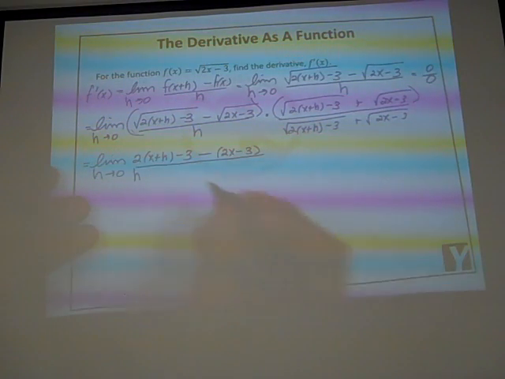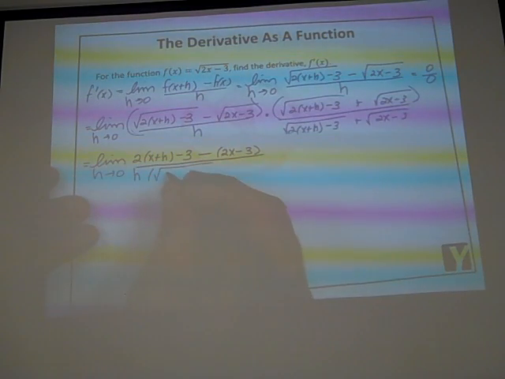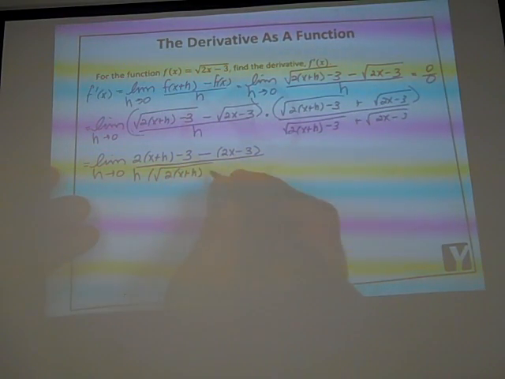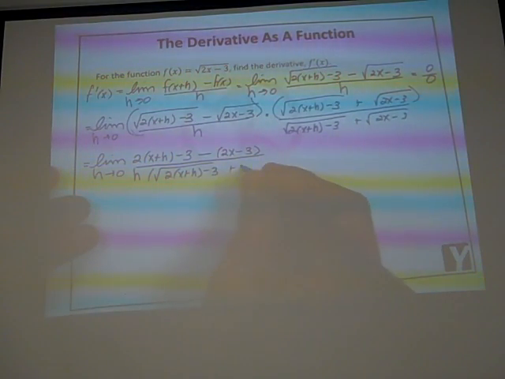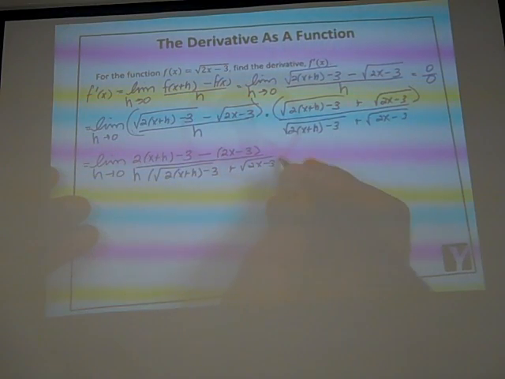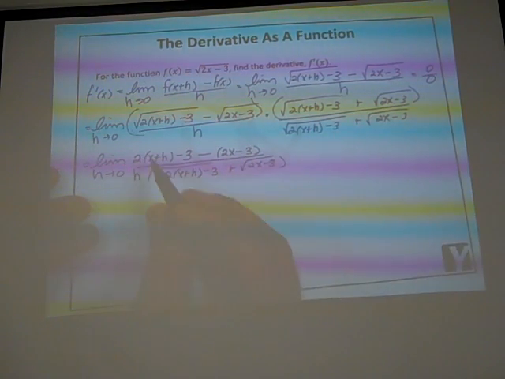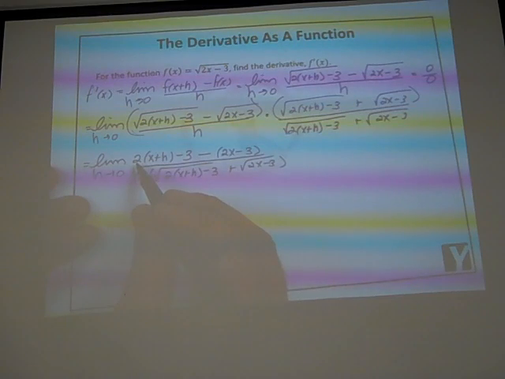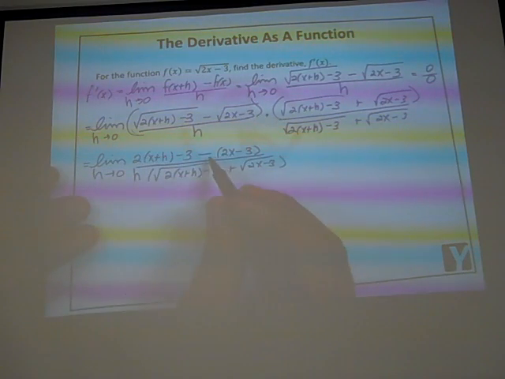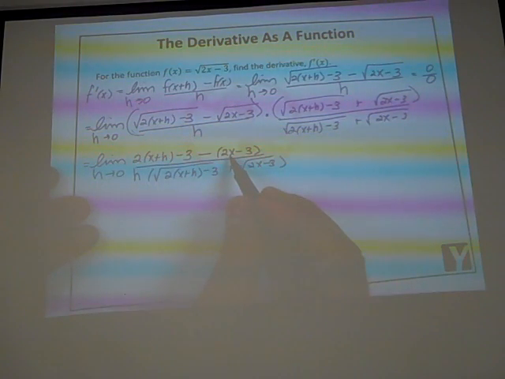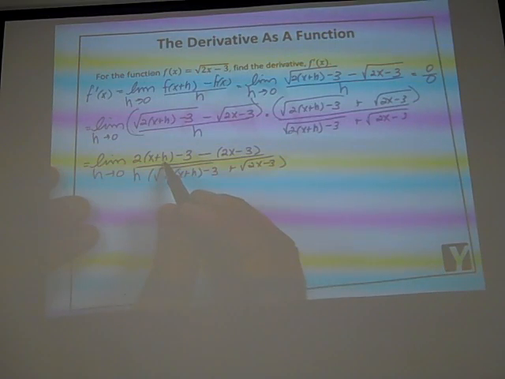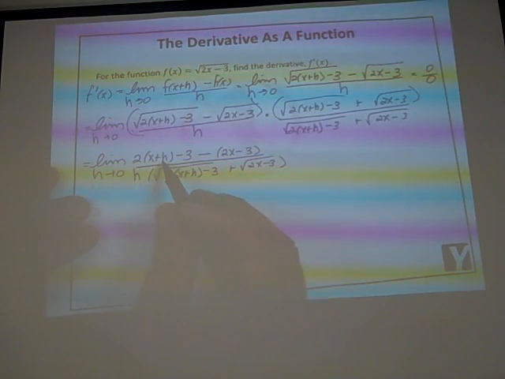In the denominator, we still have the h, and we have square root 2x plus h minus 3 plus square root 2x minus 3. If I distribute the 2 through, we're going to have a 2x. That'll cancel off the negative 2x over here. We'll have a 2h. That does not cancel with anything in the numerator.